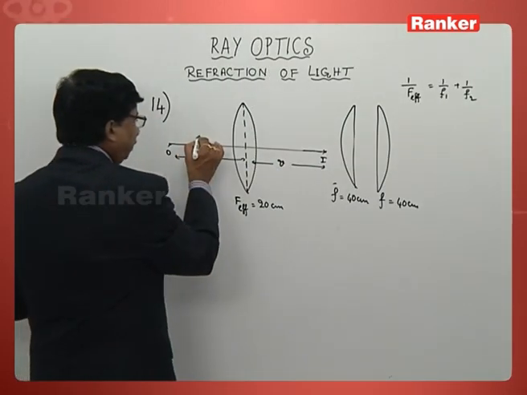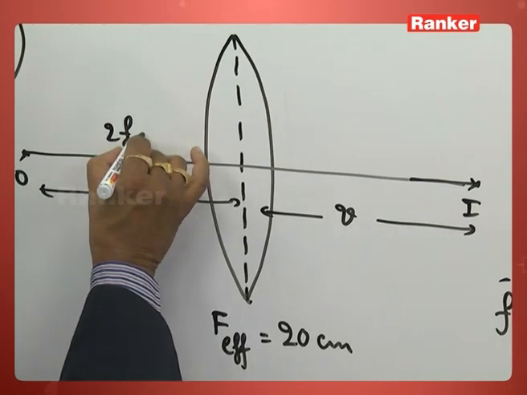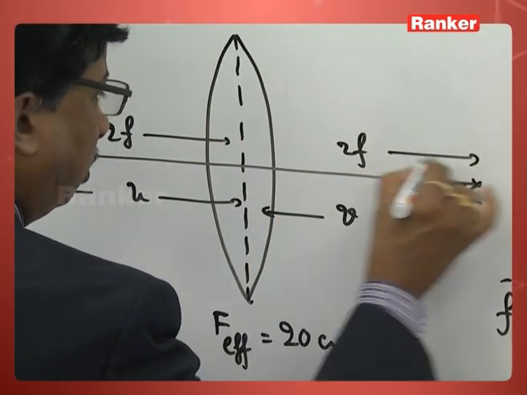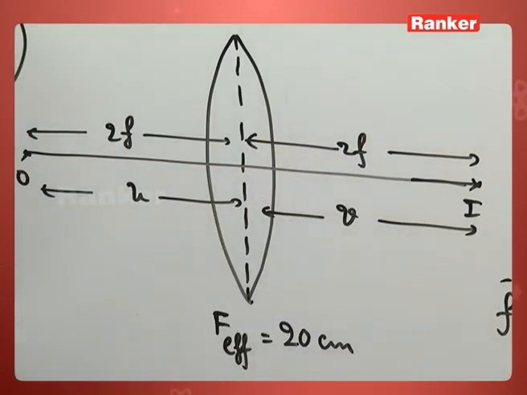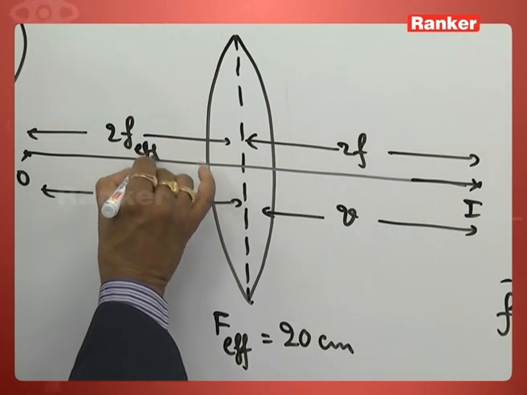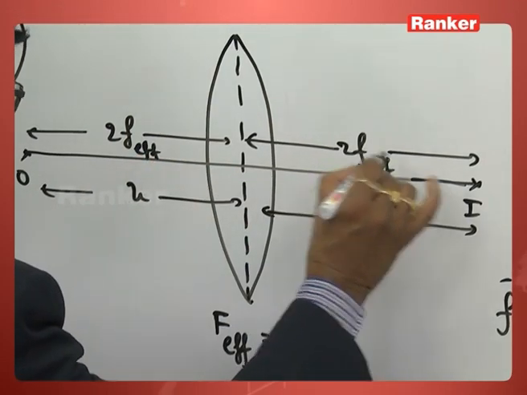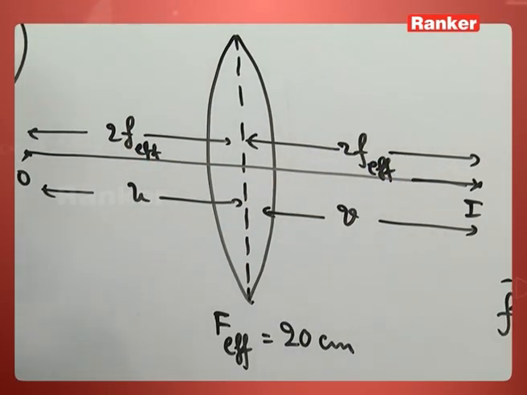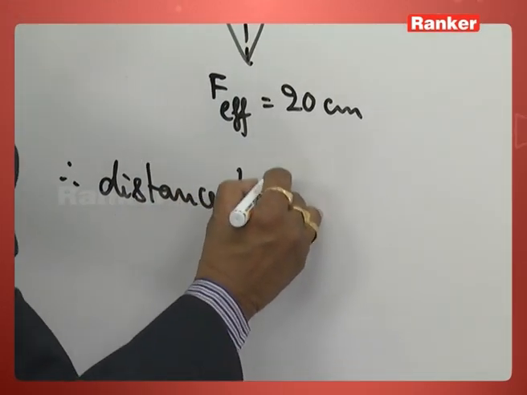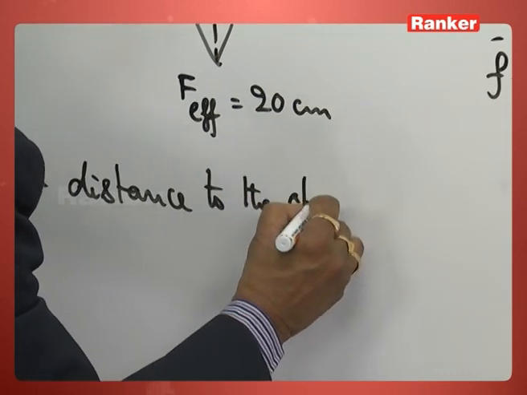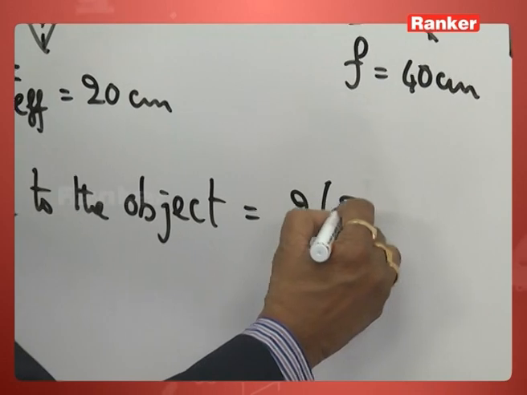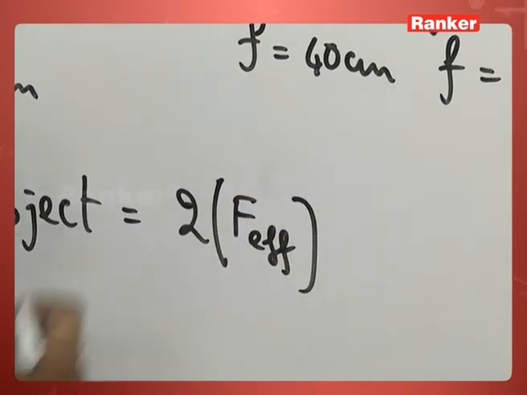When the object distance is equal to twice the focal length, then the image distance also will be equal to twice the focal length. So what is this focal length? We just have to take up what is now called the effective value of focal length. Therefore, the distance to the object we want is twice the effective focal length.